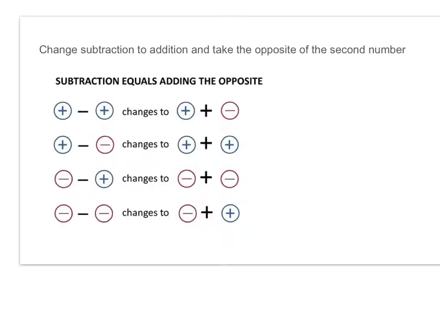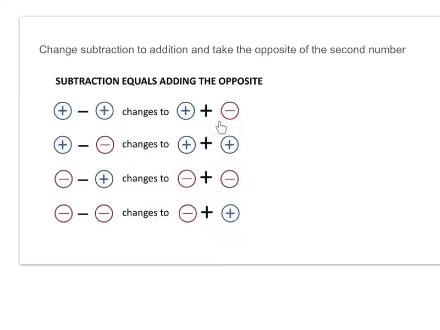There are many ways to subtract integers, but I'm going to show you two that I think are pretty simple. The first one is change subtraction to addition and take the opposite of the second number. The little chart they show you: a positive minus a positive, you can change it to a positive plus a negative.